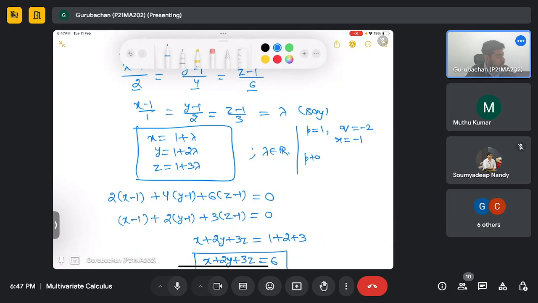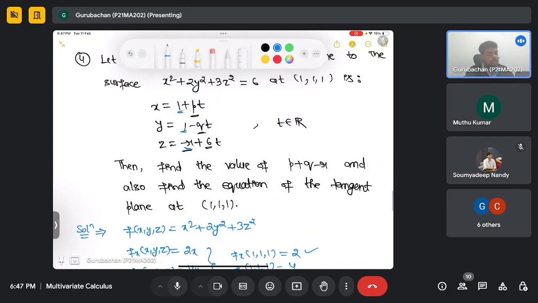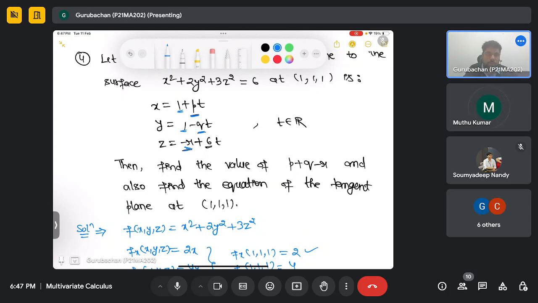So it will be p plus q minus r, which is 1 minus 2 plus 1. It will come out to be 0. And this is changing because we have changed the direction ratio, and here in the given equation p and q represent the direction ratio while the r represents the point. Okay.